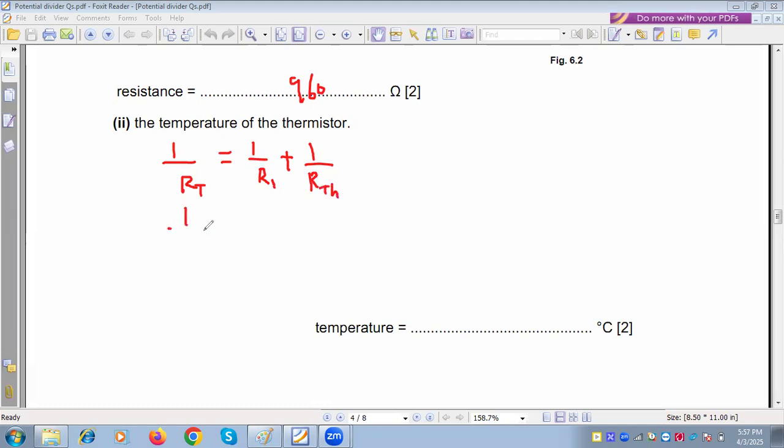This is 1 upon 960 is equal to 1 over R1. R1 was 1.6 kilo ohm, so 1600, plus 1 upon R thermistor.